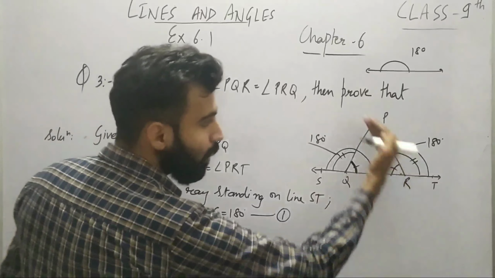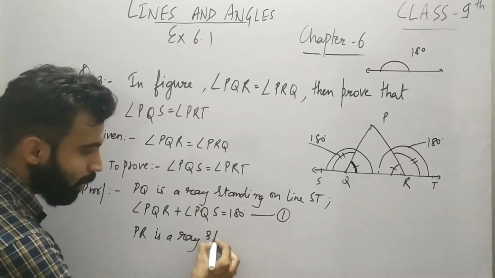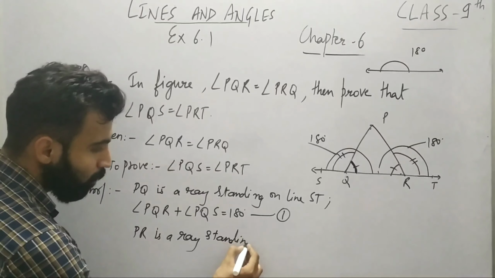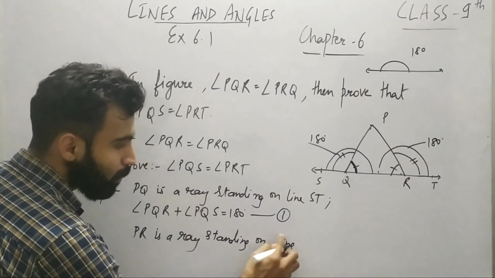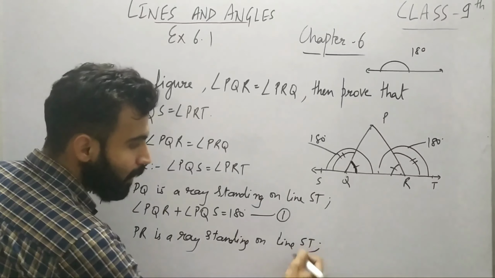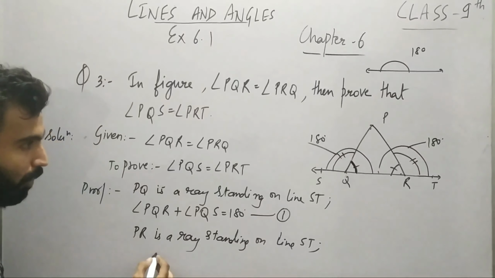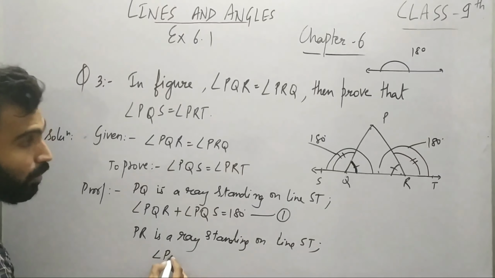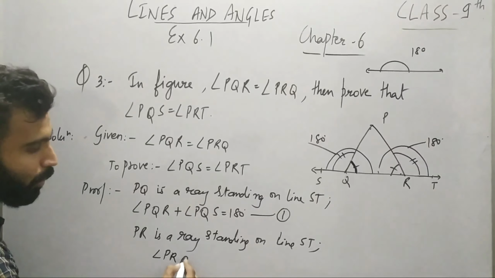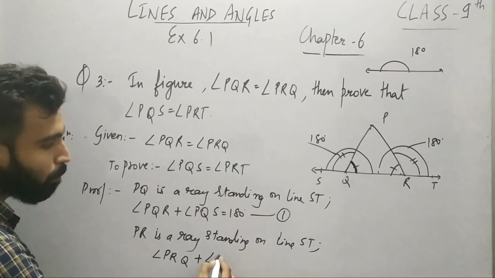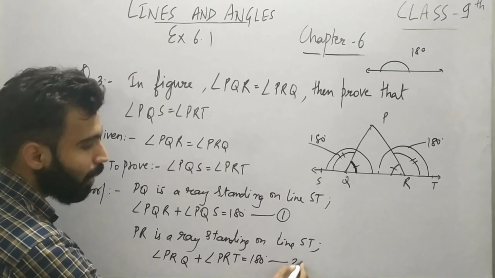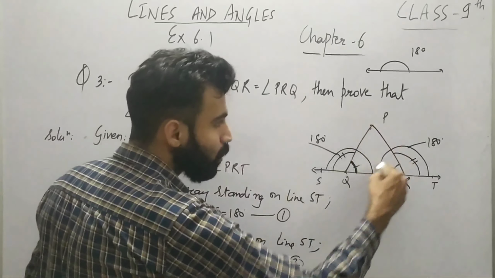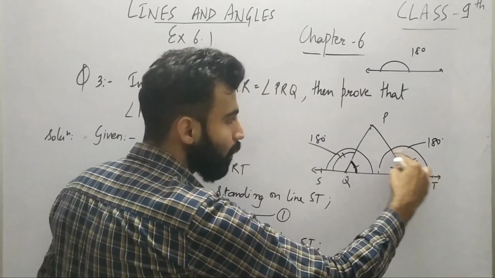You can see this PR is a ray standing on line ST. So similarly, what will occur? That is, PRQ plus angle PRT is equal to 180 degrees. Let me give it second equation. You can see these two angles are forming a 180 degree angle, right?